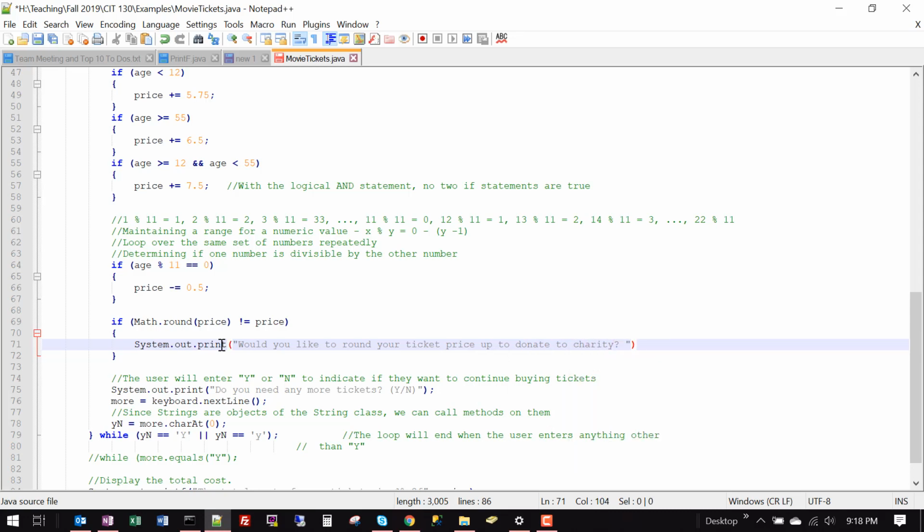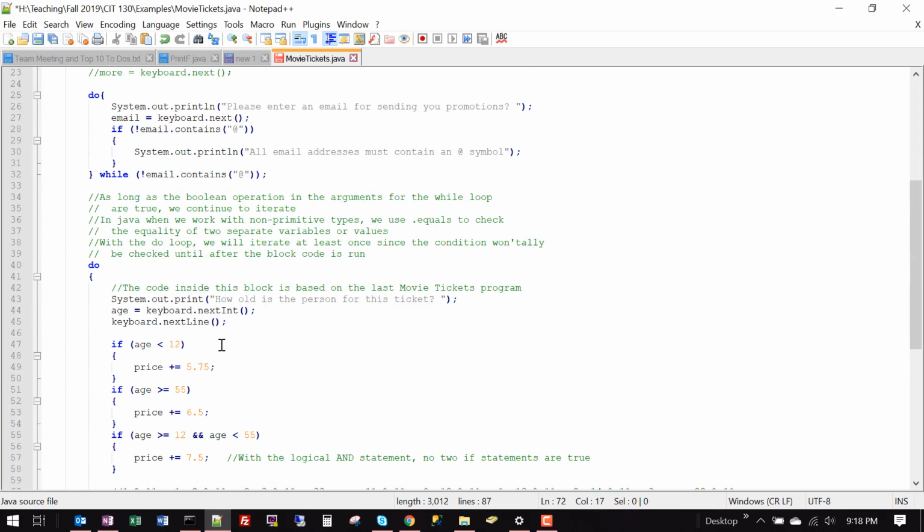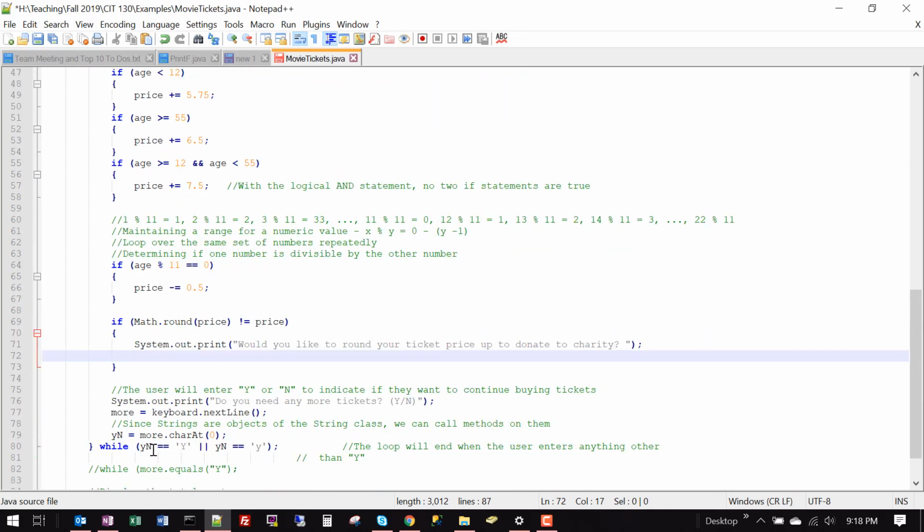Pick your favorite charity, you can do whatever. And then what we could do is we have the yes, no, and we aren't using it for this lower part yet, so we can use it now.